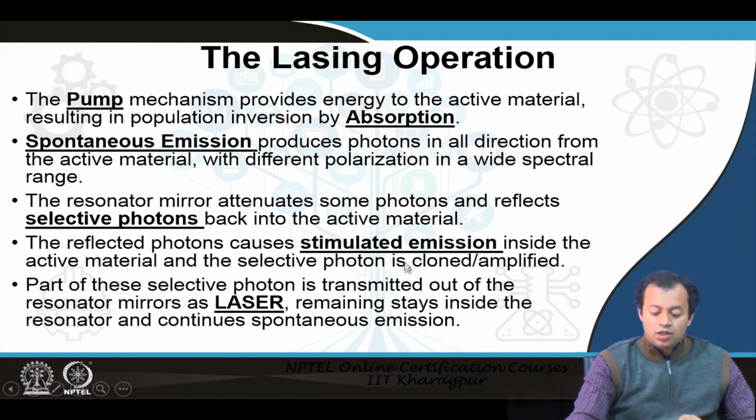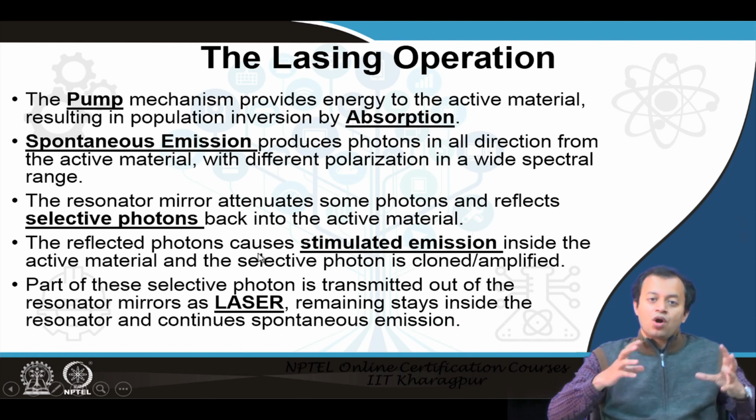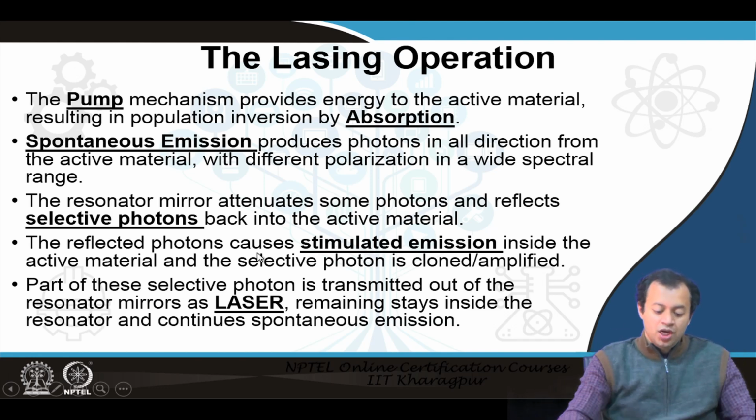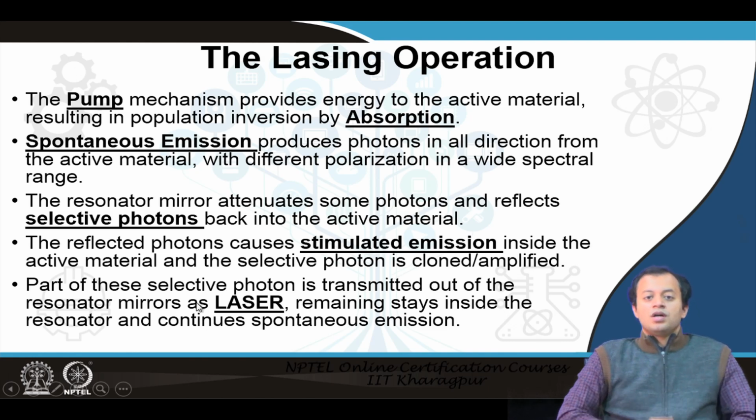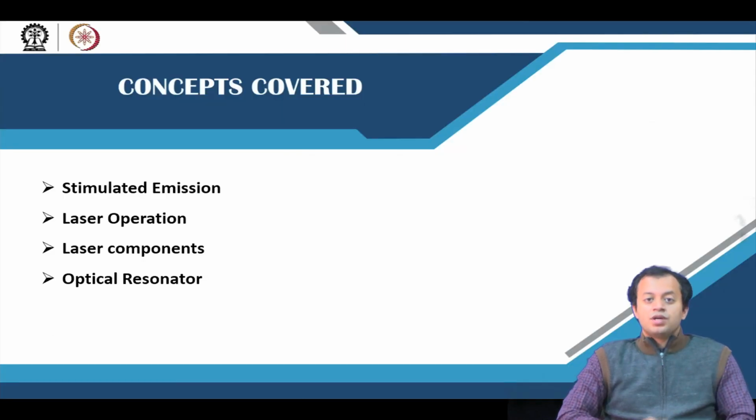Biology students will chuckle at why I use this term cloned, and part of the overall building process, the chain reaction, is transmitted out by an imperfect mirror, and that light is your laser. That's it. That's the end of the story.